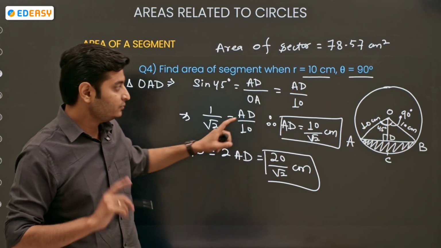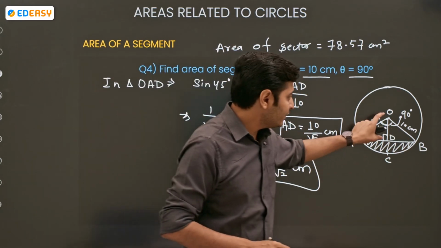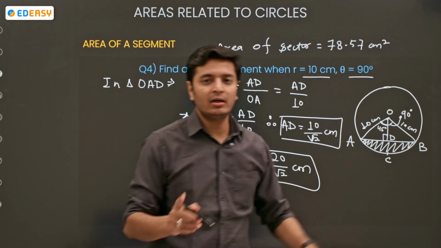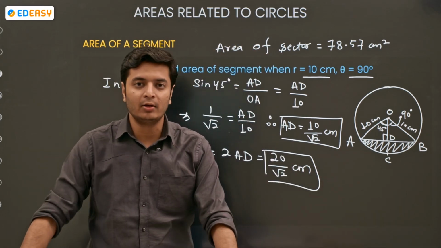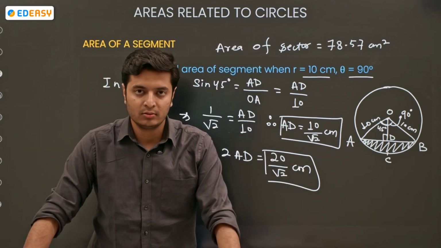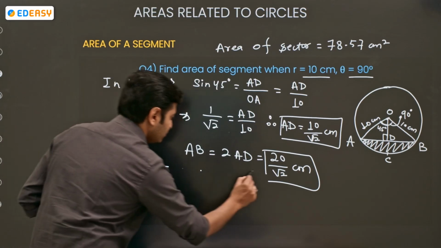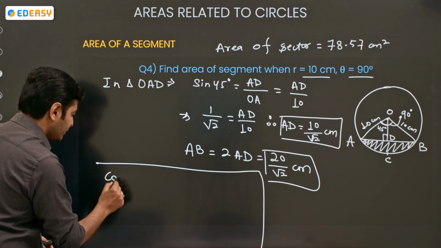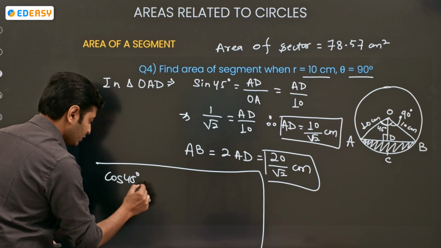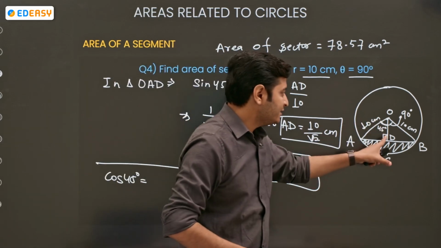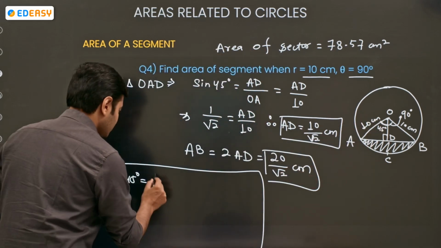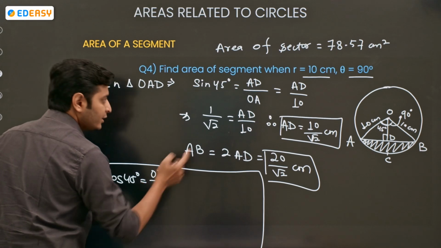OD. Now OD we can find using the same angle, but this time we are going to use a different trigonometric ratio, that is cosine. So in the same triangle, cos 45 degree is what? Side adjacent or base OD divided by hypotenuse OA.